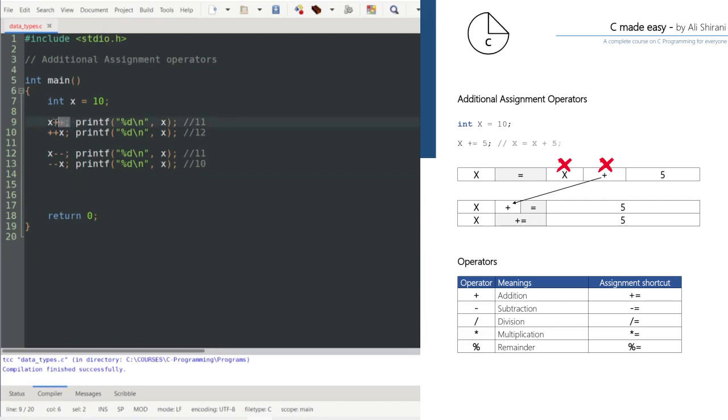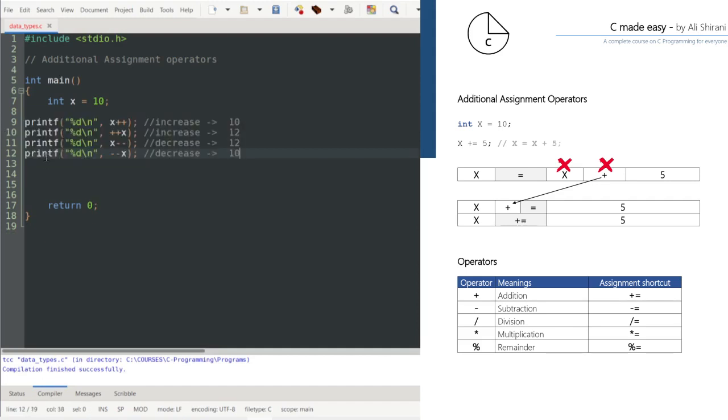Instead of having these increment and decrement statements outside the printf statement, let's have them within our printf statement, like this. There you go.